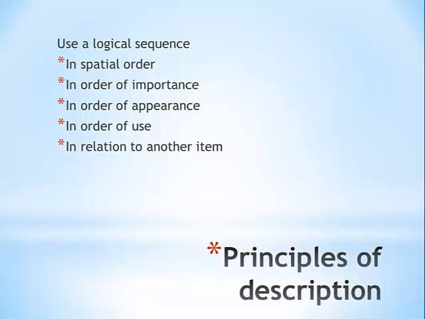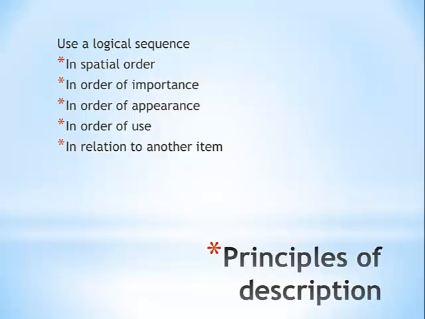If you've got something that happens or that is revealed bit by bit, perhaps like a procedure, you could describe in order of appearance. What does someone see first, or what happens first? You could describe in order of use.